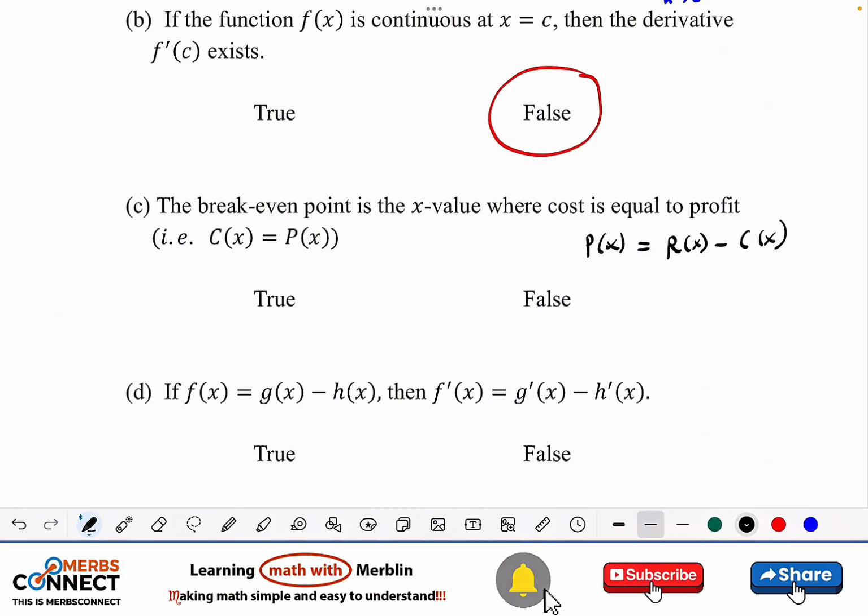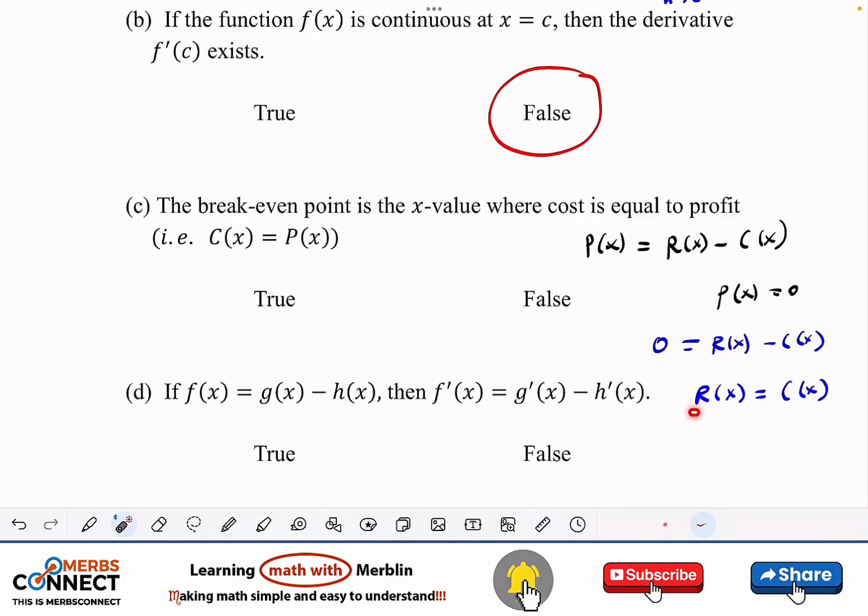So break even is when profit is equal to 0. So it means that when profit is equal to 0, we are going to have 0 equal to r of x minus c of x, and r of x should be equal to c of x. So this is the true statement. When we have a break even, revenue should be the same as cost, not cost being the same as profit. So this is a big false.